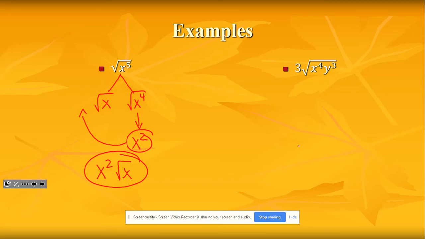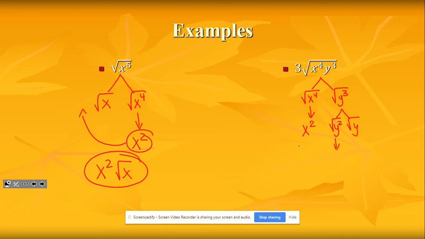So we'll leave the 3 alone, and first we're going to separate the x and the y. X to the fourth, as we just did previously to the left, is simply just x squared. So that can come out because it's an even power. Y to the third, because it's odd, needs to be broken up into y squared and radical y.